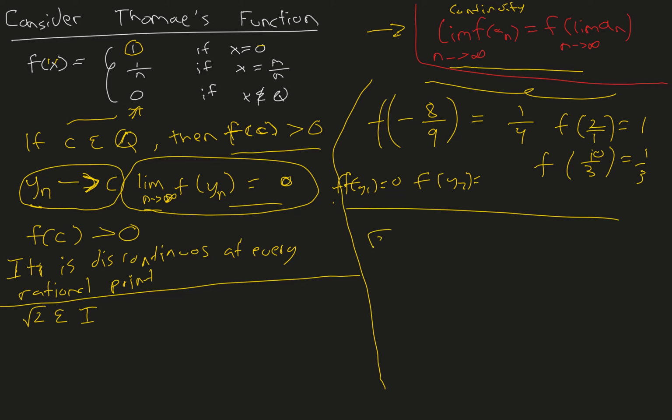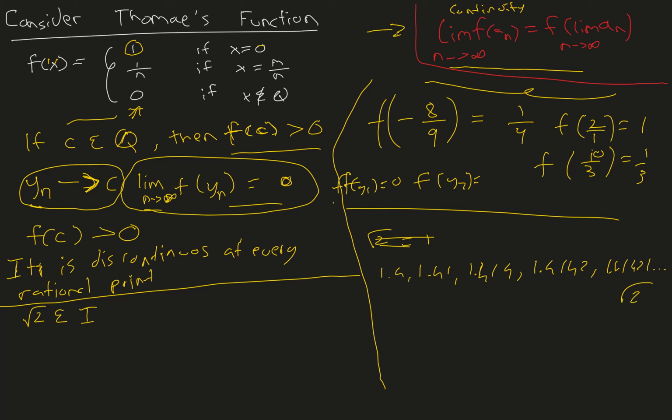Just consider root 2 as a sequence: 1.4, 1.41, 1.414, 1.4142, and so on. This sequence is converging to root 2.